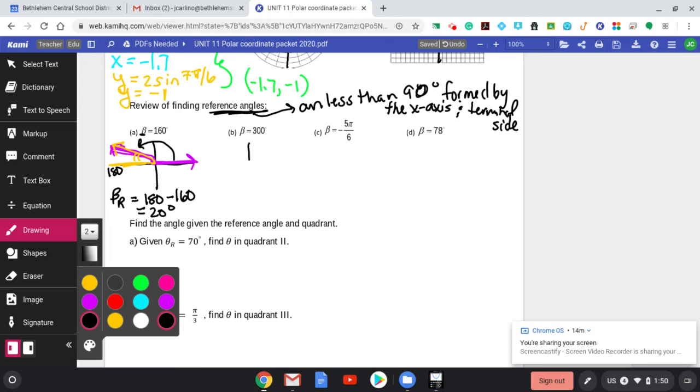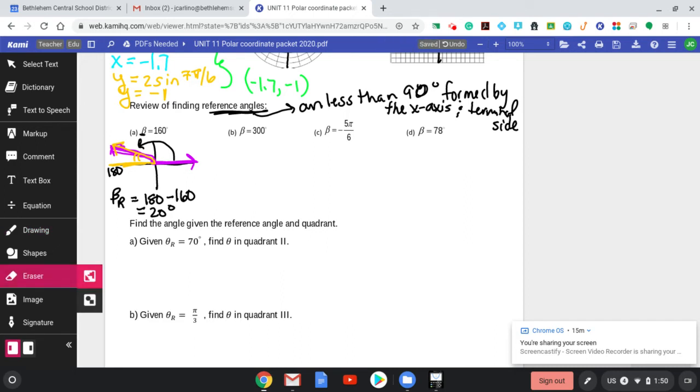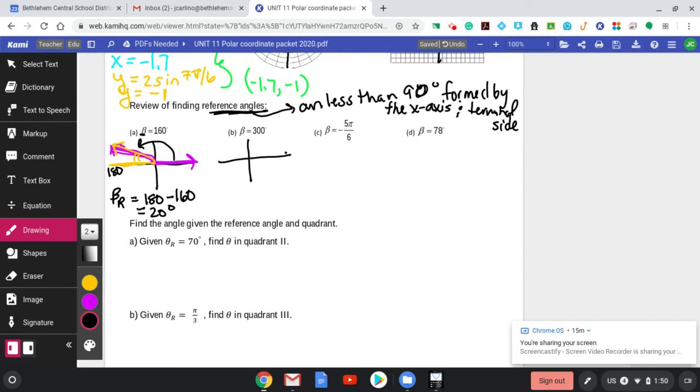So let's go to 300 now. So if I sketch 300 real quick, that should be in the fourth quadrant, closer to 270. Okay, so going like this.